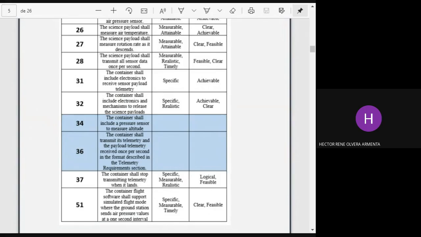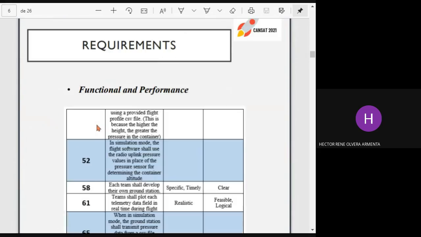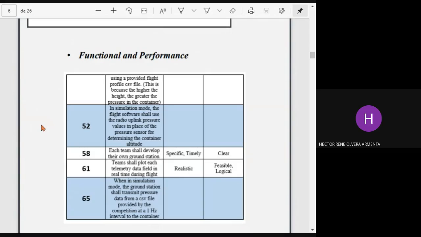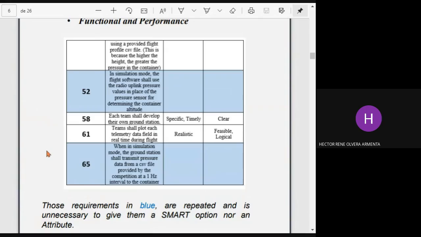So it is not necessary to make another analysis of them to bring us to the same conclusion. As we can see, there are some of them that are in blue because they express the same main idea, but with different words.